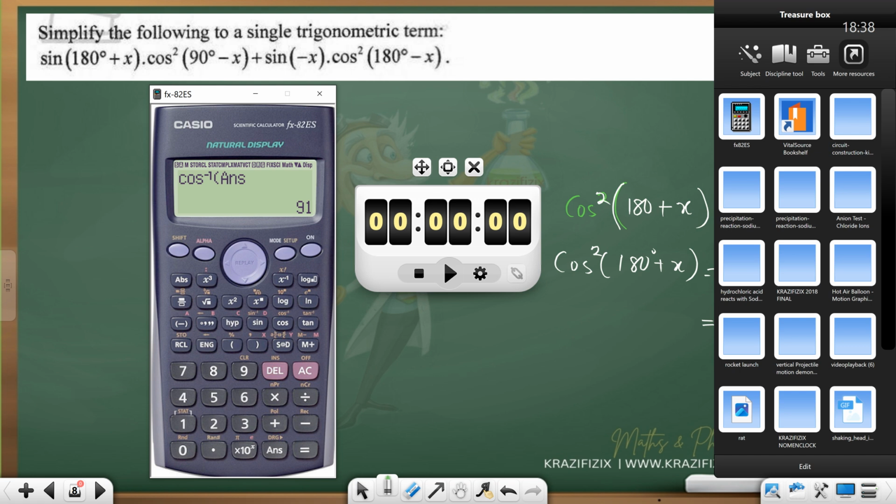Cos 90 plus x, you should be having negative sine x, I think.